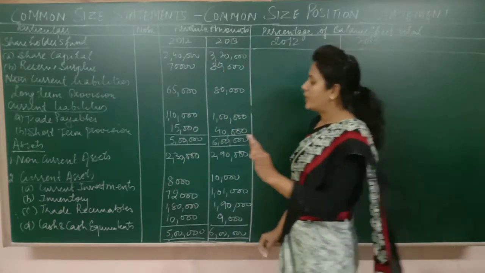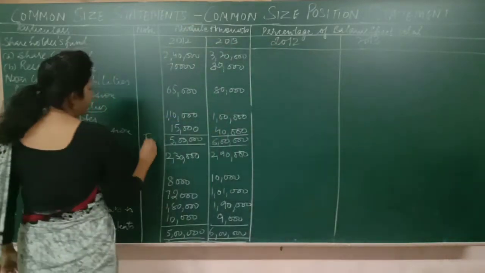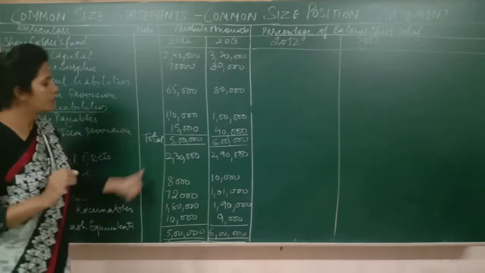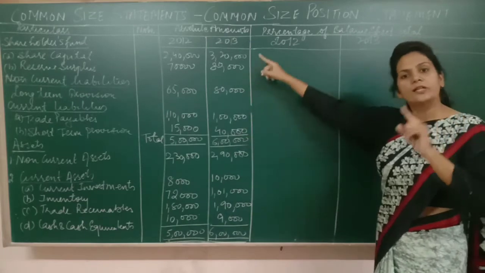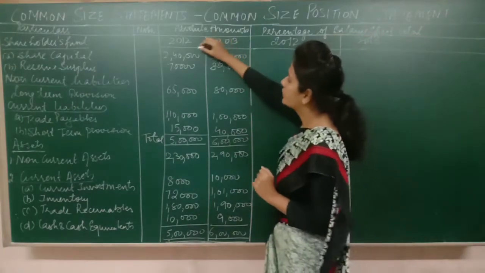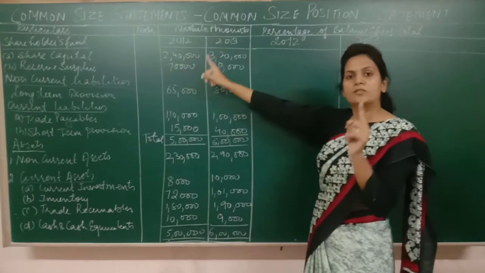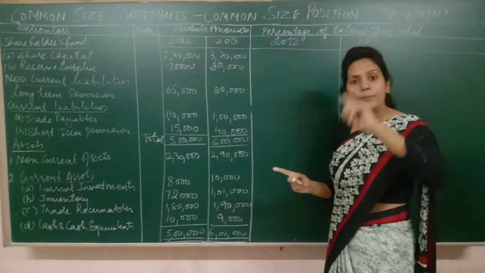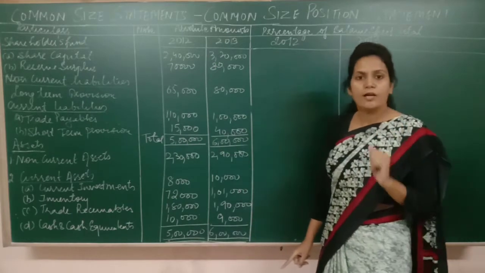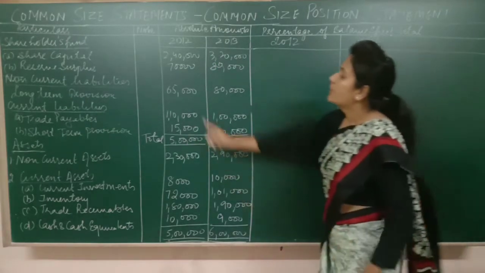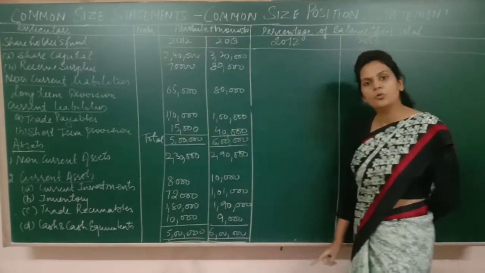Like, suppose I am talking about the liability side, the total of the liability side here is 5 lakh and 6 lakh. Got it? 5 lakh is the total of the liabilities of the previous year and 6 lakh is the total of the liabilities of the current year. So we have to express the value of the share capital of rupees 2,40,000 in percentage, but with respect to its total. Here the total is 5 lakh. So how do I do it? I have to find the percentage this way: 2,40,000 divided by 5 lakh into 100.